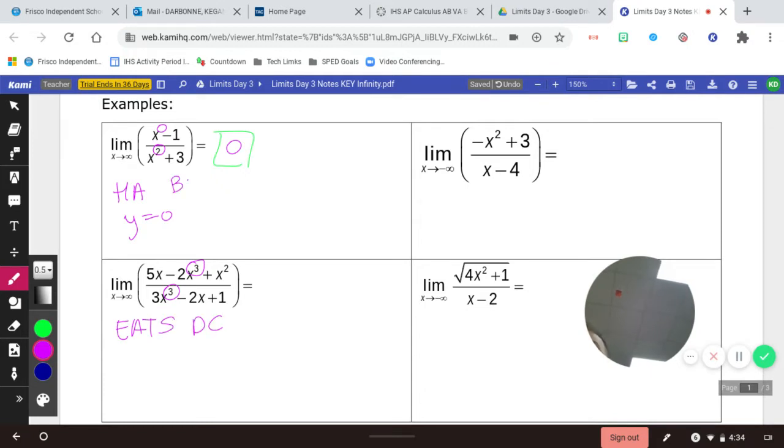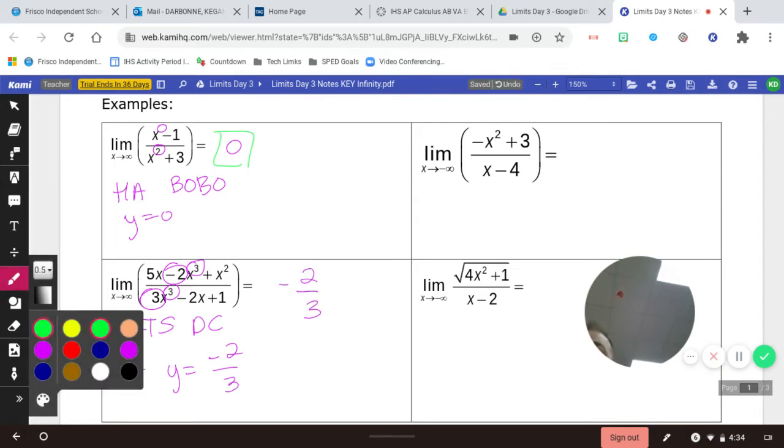Divide our coefficients. So our horizontal asymptote is y equals negative 2 over positive 3, which is negative 2/3. So that is our limit. Nice and easy like so.